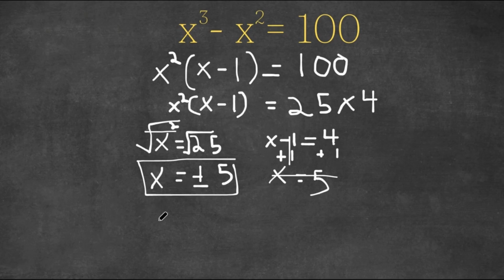Let's first start with 5. So we would have 5 to the power of 3 minus 5 squared equals 100.